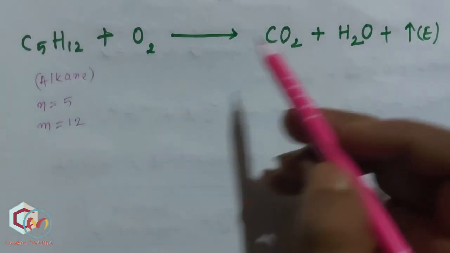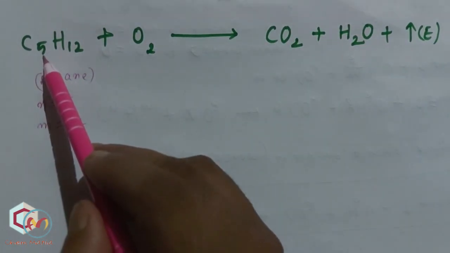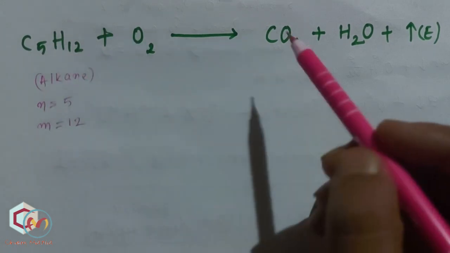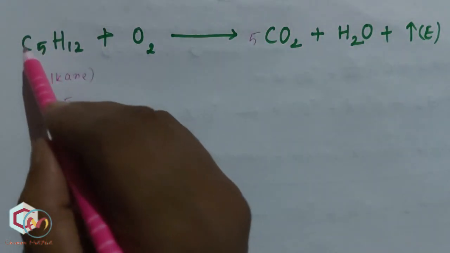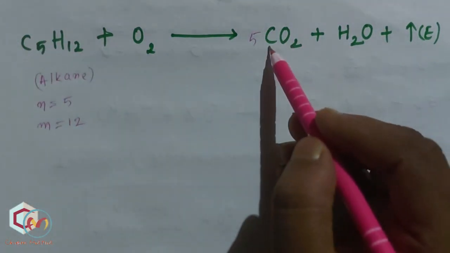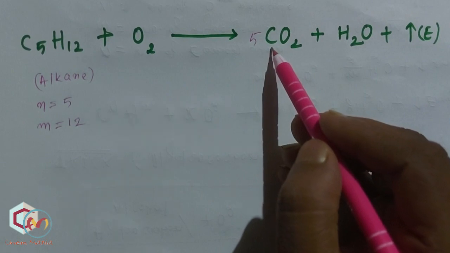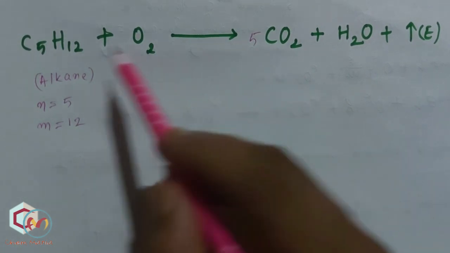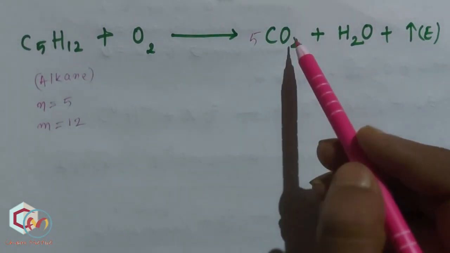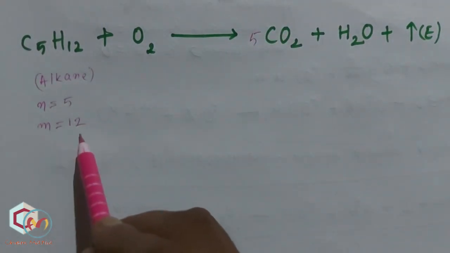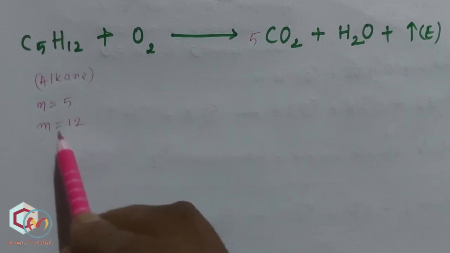I have told you that n is equal to 5 here, so we will multiply by 5 here, since the number of carbon atoms present over here is equal to the number of CO2 molecules that will be released. So n equal to 5 means 5 CO2 will be released. Now here m is equal to 12, the number of hydrogen atoms.